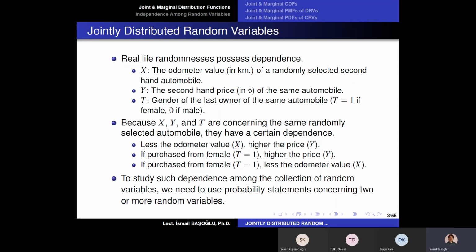However, in real life, there are some random variables which are independent from each other as well. For example, we have talked about the independence of the events, right? Just like that, the random variables can be independent as well. So they may not show any dependence between each other. For example, for a student, the grades from the Calculus 1 and Calculus 2 final exams are dependent, okay?